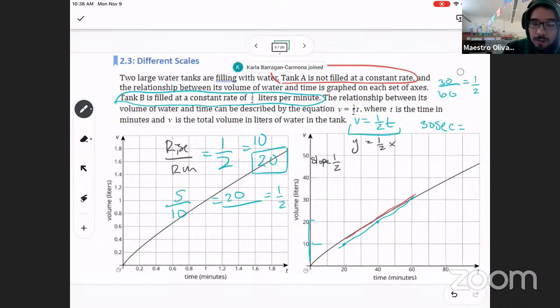It's difficult to see, but when you graph the blue equation, they both cross at this point. Can somebody other than Bricia or Andres tell me what is my x coordinate there and what's my y coordinate there? And this is for extra credit.